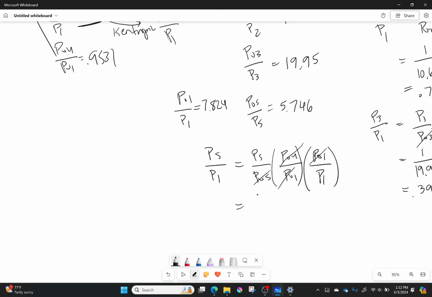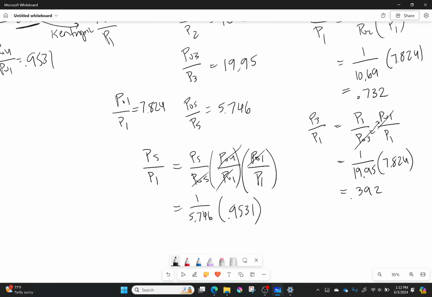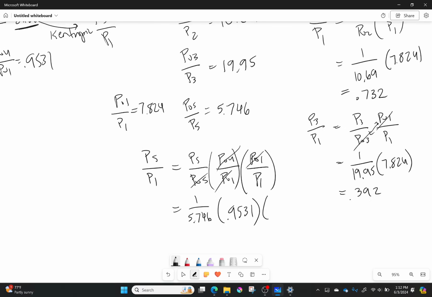So I have all these values. First off, P5 over P05 is the inverse of what I pull out of the table, so 1 over 0.5746. P04 over P01 I got from my normal shock tables, and that's equal to 0.9531. And finally, P01 over P1, that's another one we pulled out of the tables, and that is 7.824. Okay, so what's this come out to be?